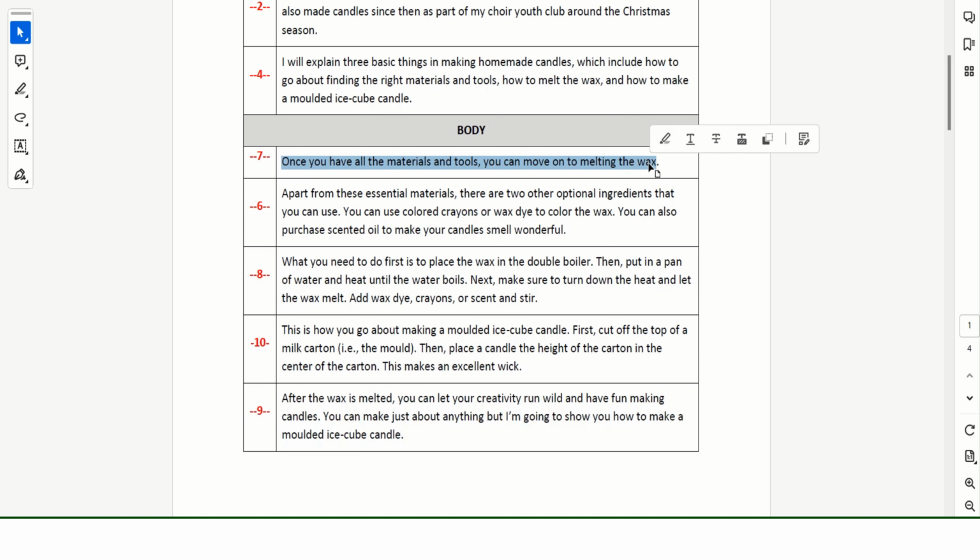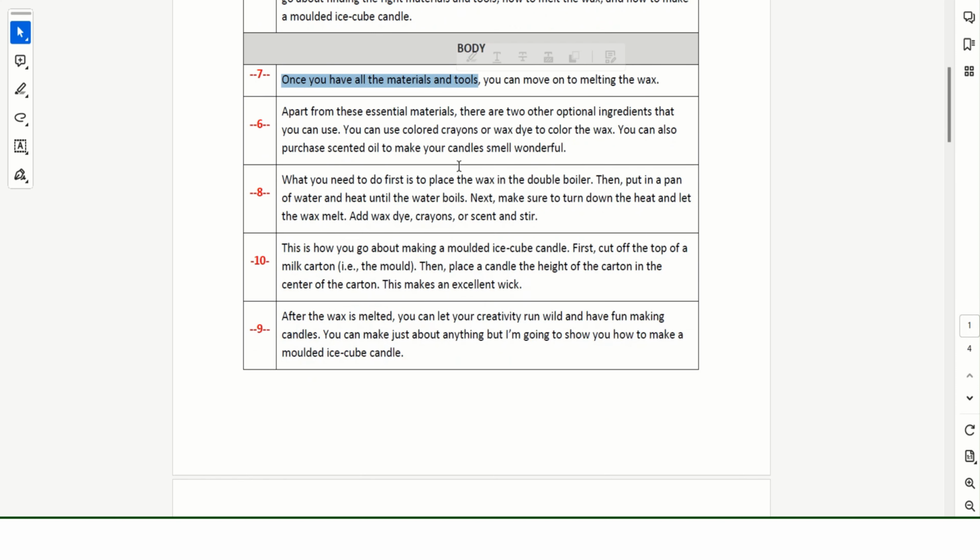So we know by now, we already have covered the materials and tools needed in making the molded candle. So now you can move to the next step, which is melting the wax, and this is the reason why this is number 7, because of the words once you have all the materials and tools.